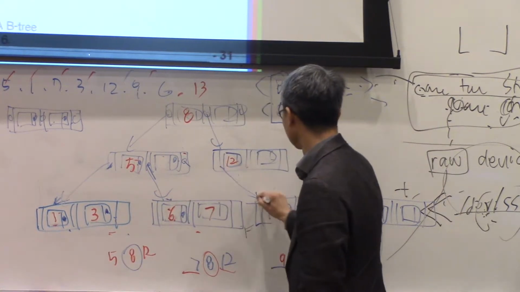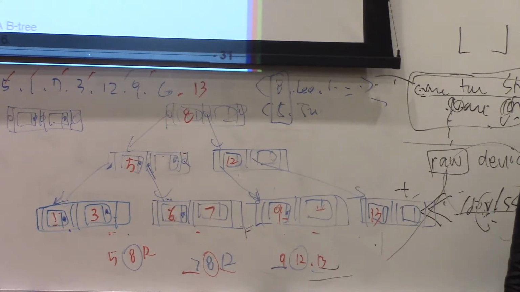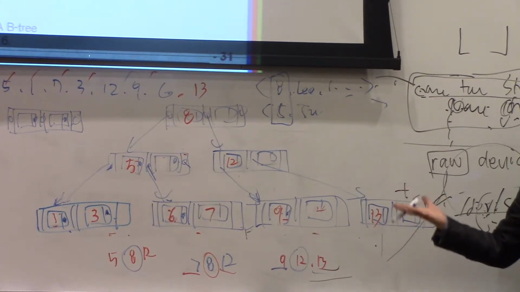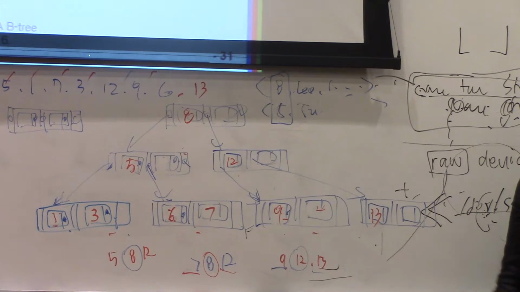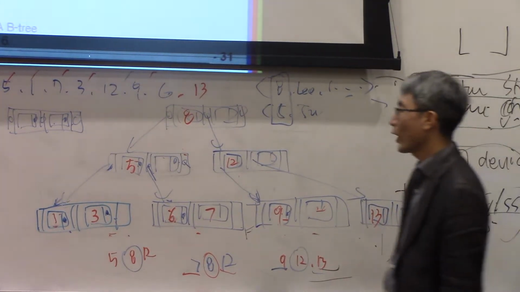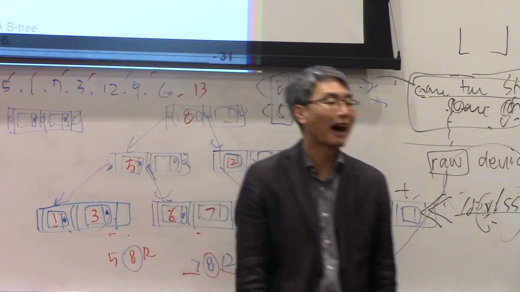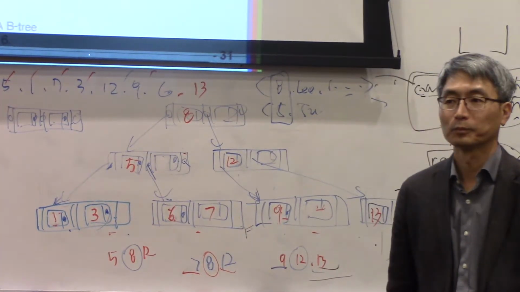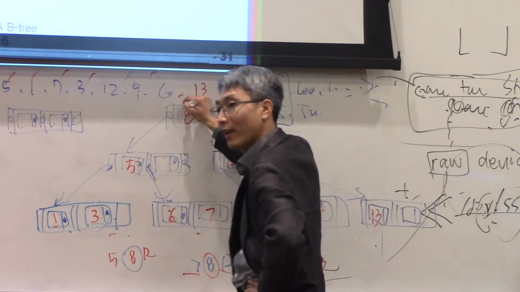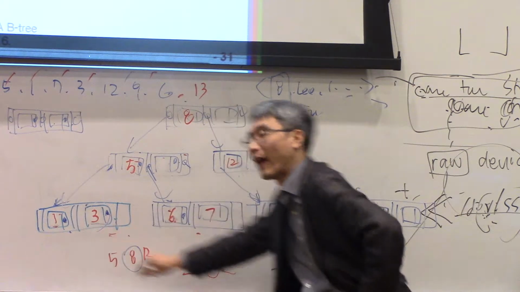How many levels? 3. We keep the level of the tree. It's a balanced tree. So, when you access the data 3, how many IO do you need? 1, 2, 3, 4.